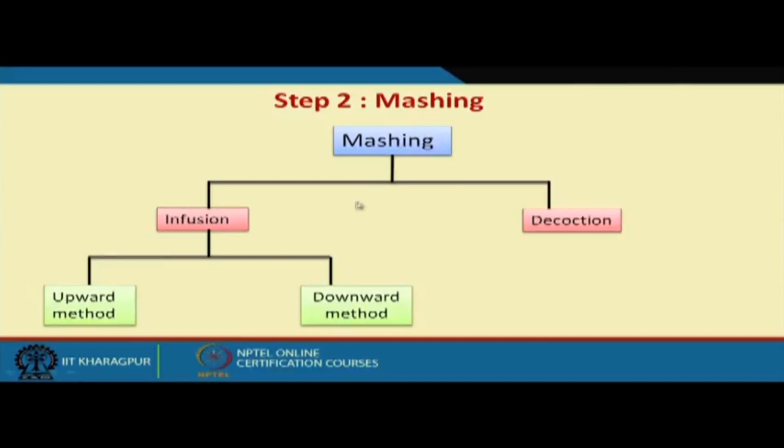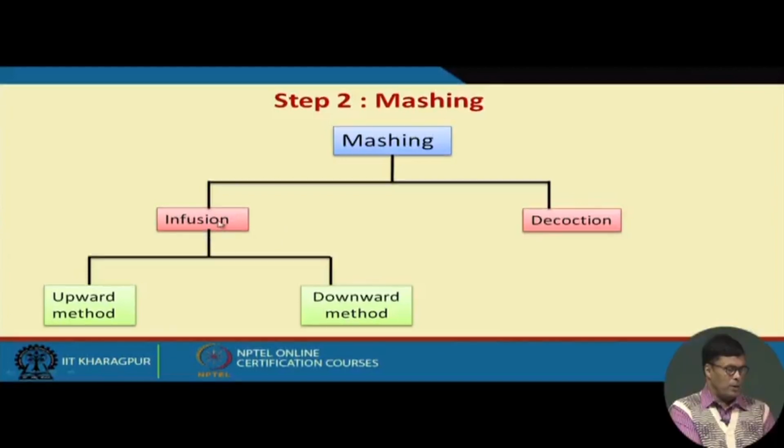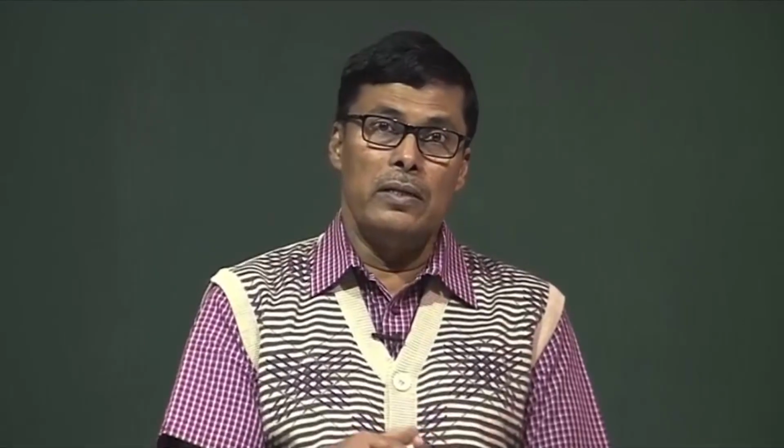The mashing process, as I mentioned before also, can be divided into two types. One is called infusion, another is called decoction. Now, in the infusion process, we have the upward method and the downward method. Basically, the upward method means we increase the temperature gradually: initially the proteolytic enzymes will be activated and degrade the protein molecules.